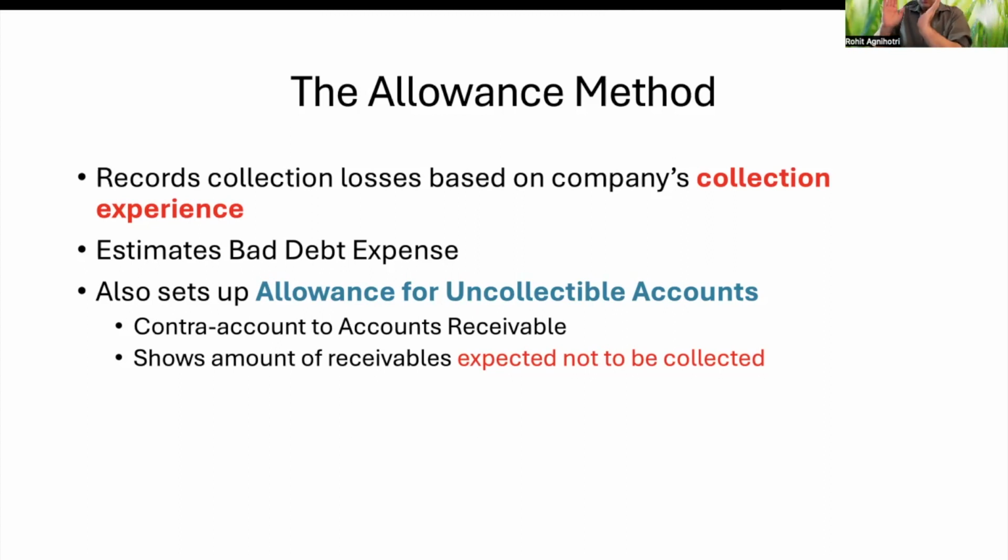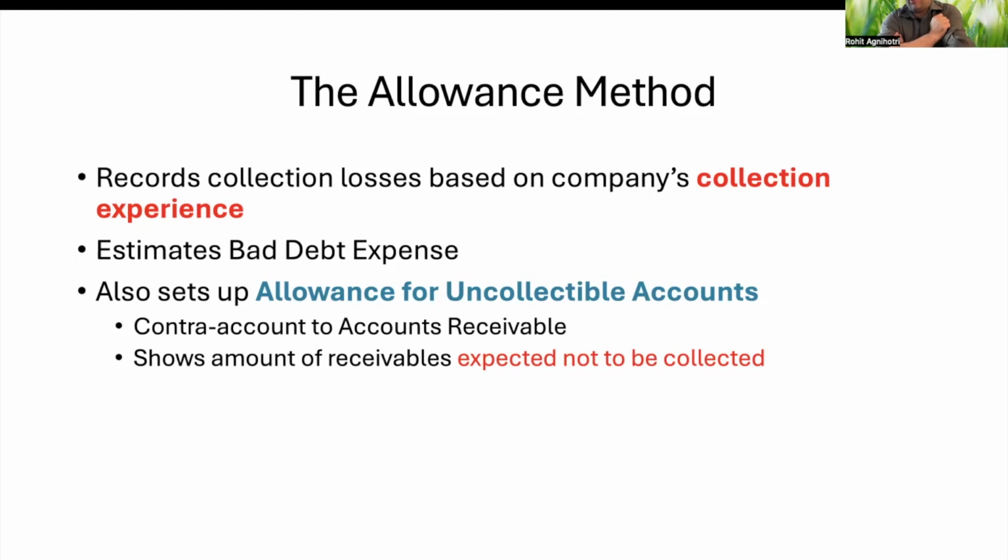Then you give yourself that provision, and that provision is your allowance account. The allowance account shows you how much of your accounts receivable you will not be able to collect, which you have estimated as bad debts. It will give a balance for all the amount that you estimate you will not be able to collect.